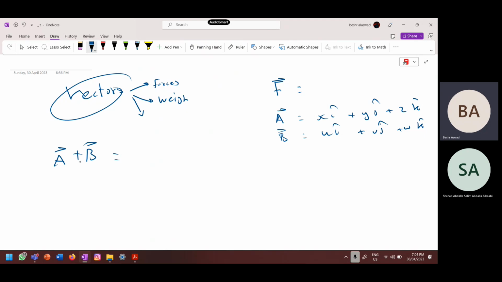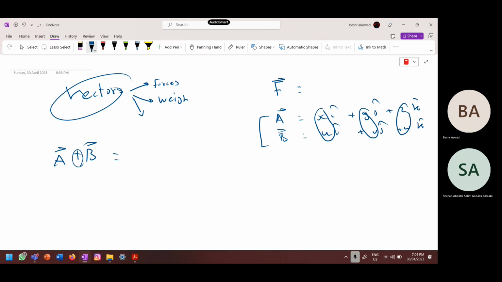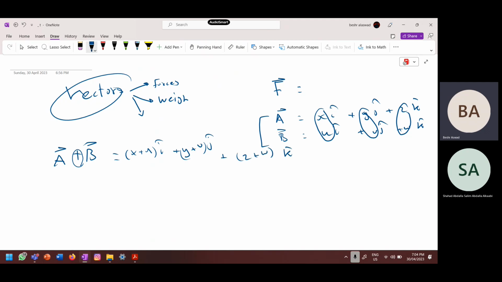By finding the summation of these two vectors, you can just basically find a summation of the corresponding values from the same coordinate. So this will give you (X plus U) i hat plus (Y plus V) j hat plus (Z plus W) k hat. This is how you find the summation.